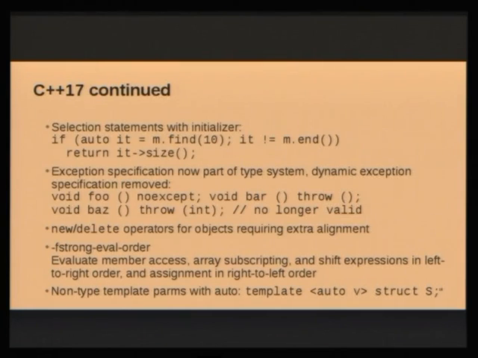But this just says that the order is not undefined in that case, and it's well defined. For assignments, you first evaluate the right side and then the left side. Initially the C++ committee wanted to make the order of arguments inside of a function defined, so it would be left to right.